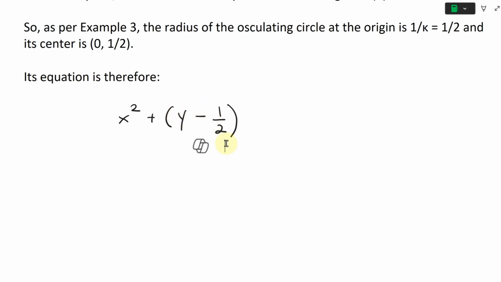In other words, the center starts off at y equals 1 over 2. Anyways, this equals the radius squared, and the radius in our case is 1 over 2, so 1 over 2 squared equals 1 over 4. So that is that.